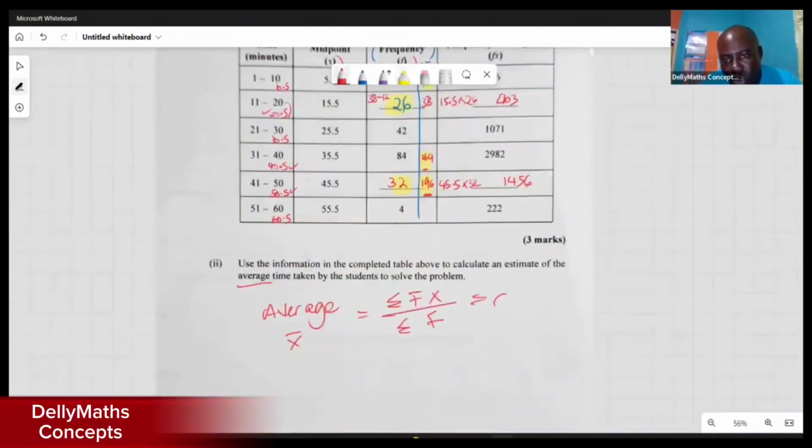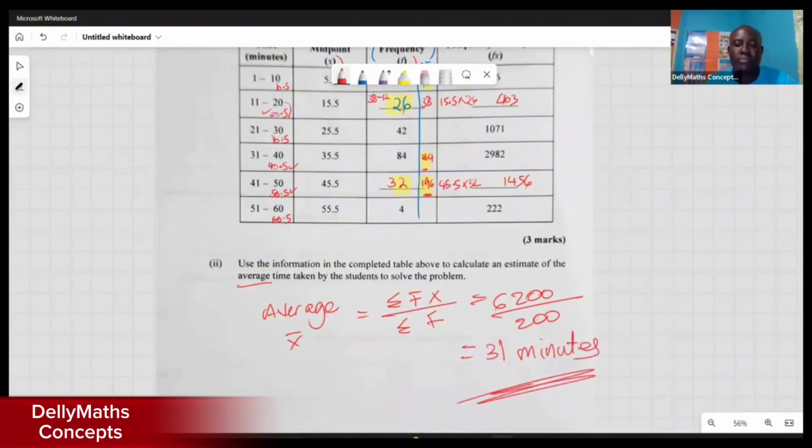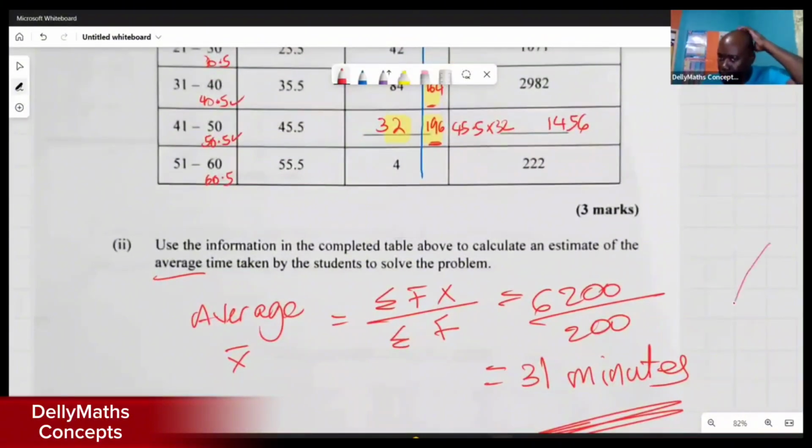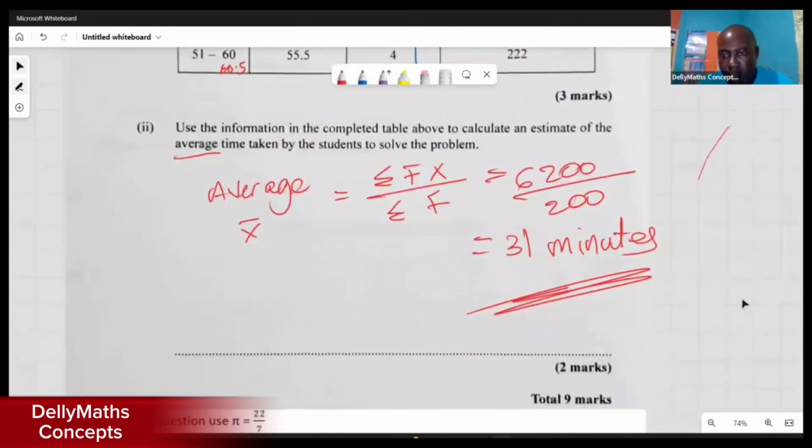So this is equal to 6,200, and there are 200 people, and I am getting 31 minutes right there as the average time taken.